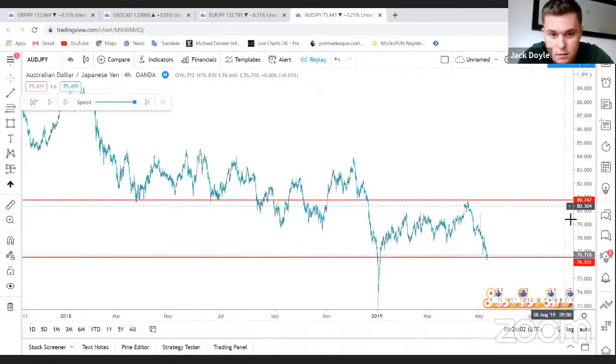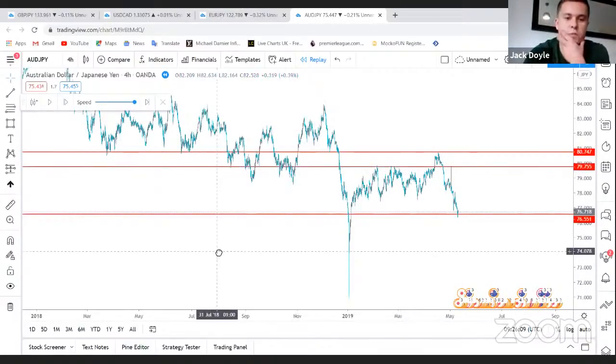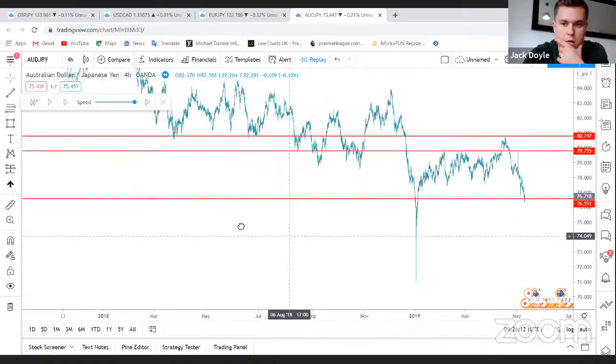Alright, those are the levels that would interest me just from first look.